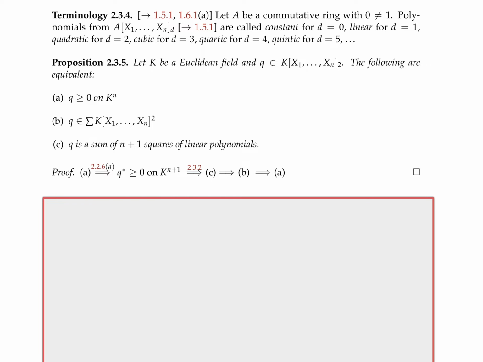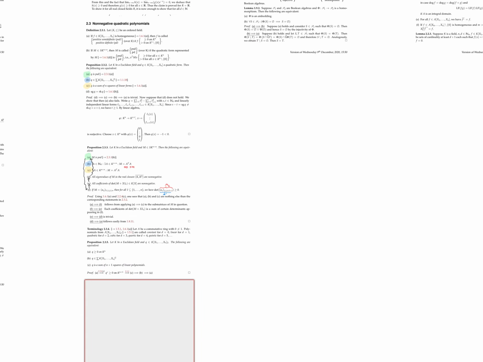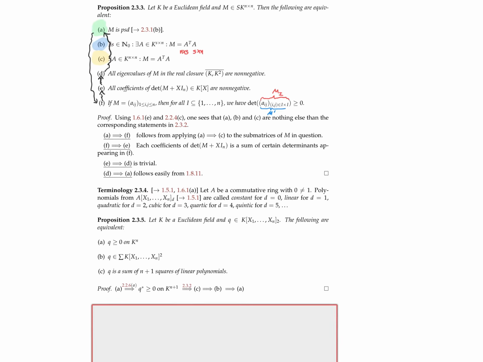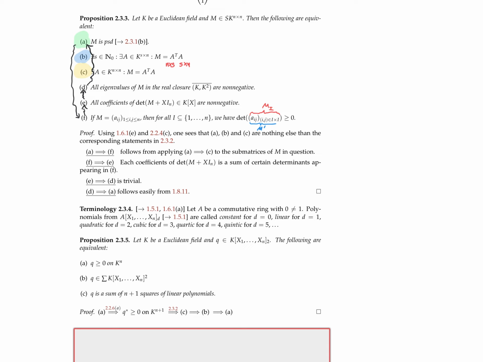And that's also the last thing we do today, I guess, right? Yes, the proof is very, very easy because we have already the homogeneous case. So if A is true, then I know by 2.2.6a that the homogenization is non-negative, right? And then let's go again to 2.2.6a.